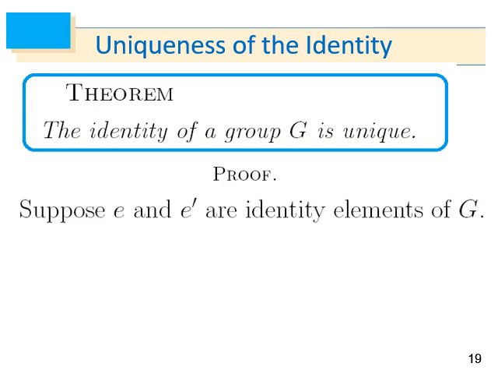Suppose that e and e' are two identity elements of G. Then e times e' is equal to e, since e' is the identity. And e times e' equals e', since e is the identity. So e equals e'.